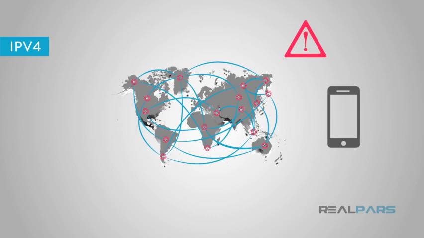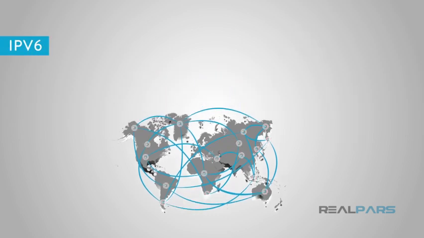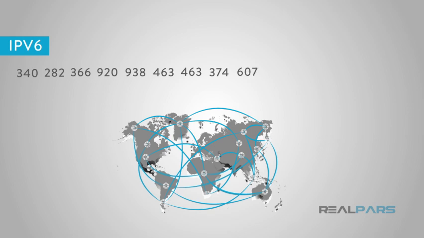This need culminated in the creation of IPv6, which uses a different address format and supports more than 340 undecillion, 282 decillion, 366 nonillion, 920 octillion, 938 septillion, 463 sextillion, 463 quintillion, 374 quadrillion, 607 trillion, 431 billion, 768 million, 211,456 addresses.